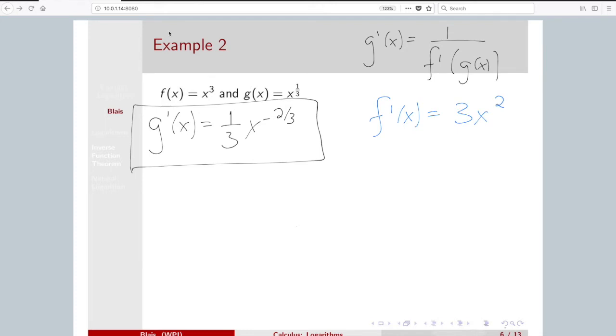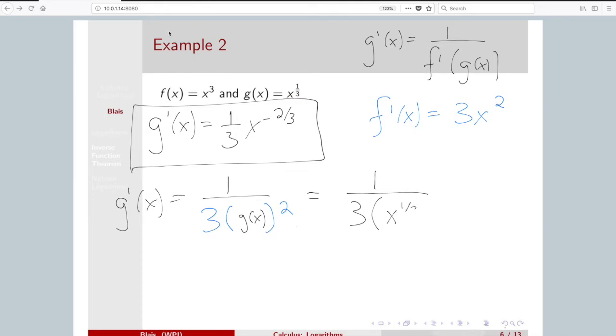So this g prime of x is 1 over our f prime, we just said was 3x squared. In this case, we're plugging in g of x. So 3 times g of x squared. g of x is x to the 1/3. And then you see when you multiply the exponents here, we get 1 over 3x to the 2/3, which matches what we have here if you wrote this with this x in the denominator.